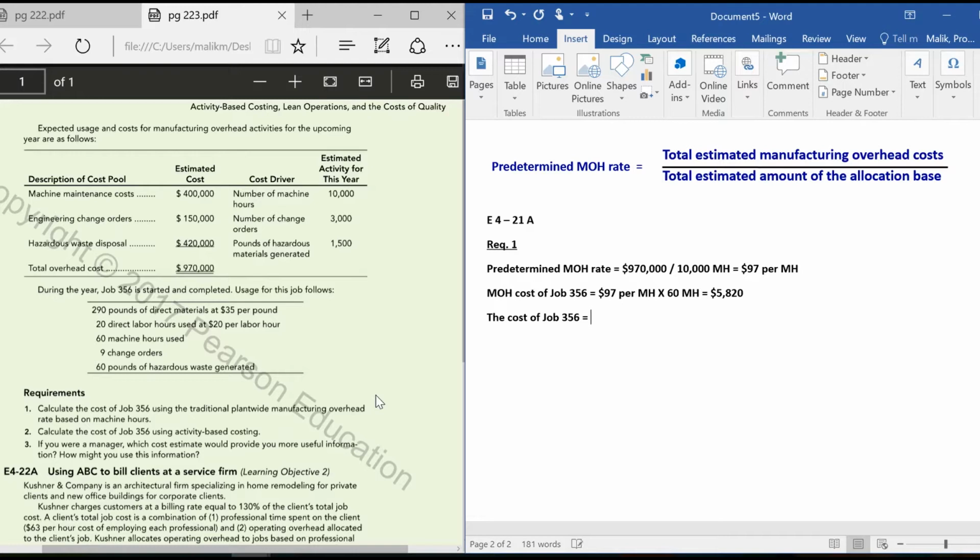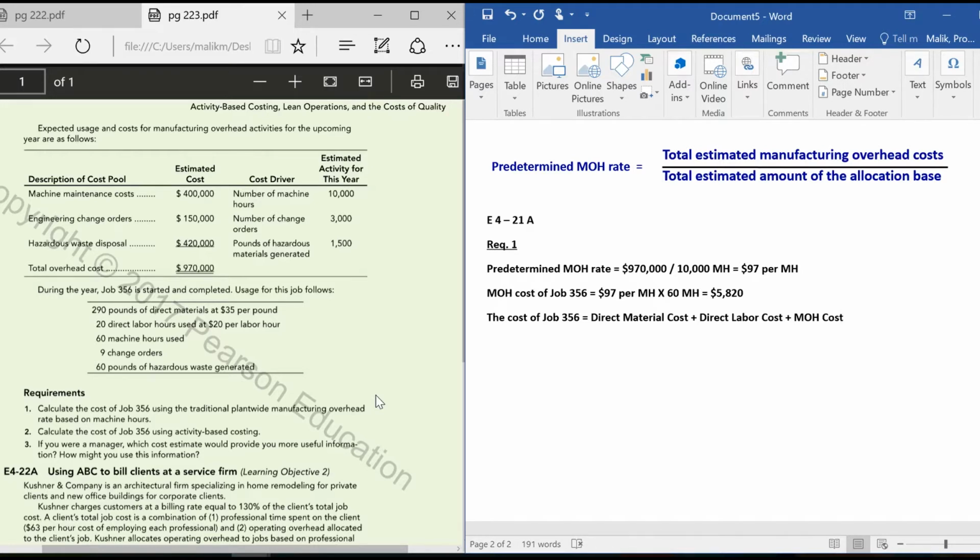It means direct material cost, plus its direct labor cost, plus manufacturing overhead cost. MOH means manufacturing overhead cost.